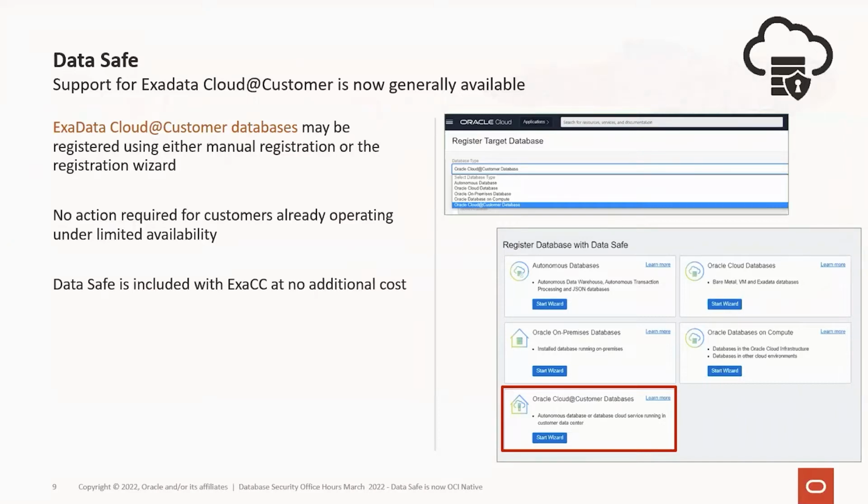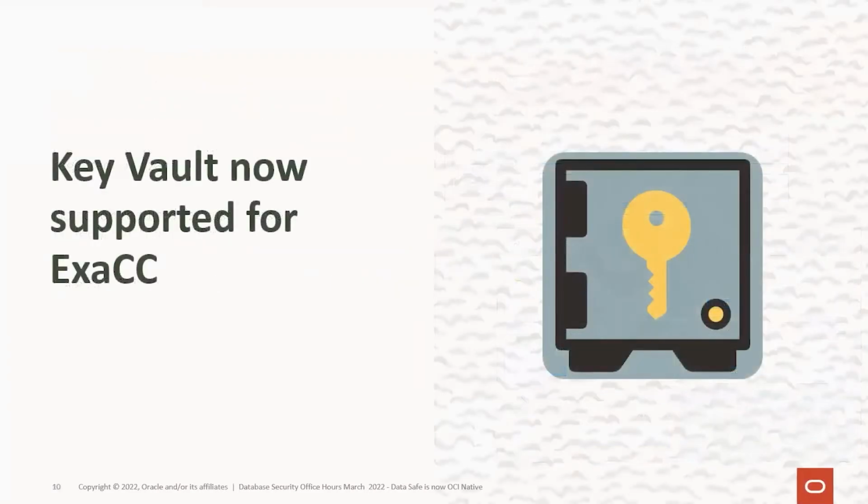The other is almost a mini topic. I stuck it in announcements, and you'll see it was in the title for this month's session. But another thing that we've been working on for a while with Exadata Cloud Customer is a better form of key management. If you're running your Exadata as a cloud service in our cloud, in other words, the ExaCS rather than the ExaCC, then your options for key management are pretty intuitive.